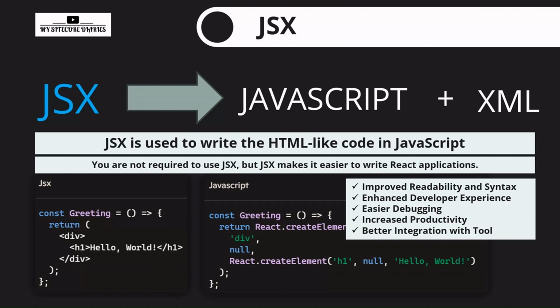JSX provides better error messages and warnings, helping to identify issues quickly. Increased productivity. Writing components with JSX is quicker and more efficient, boosting overall productivity. Better integration with tools. JSX works well with development tools, offering features like syntax highlighting and auto completion easily.